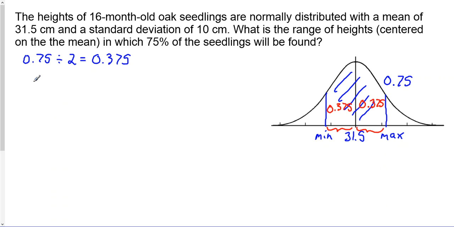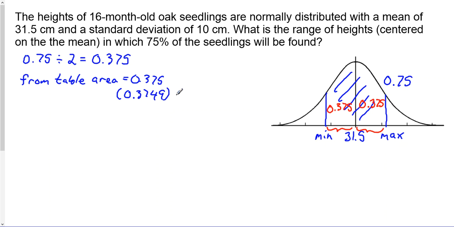So we go to our normal distribution table and we look in the center, where it tabulates those areas. And we want to find the area closest to 0.375. If I look in my table, the closest number that I can find is 0.3749. Okay, that's the closest value to 0.375 that I can find.